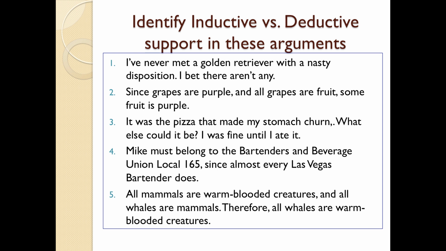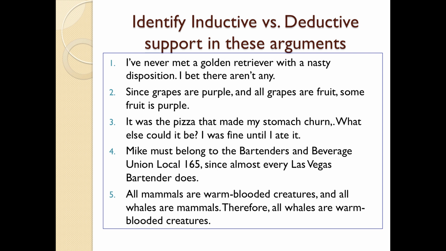Number 2: since grapes are purple and all grapes are fruit, some fruit is purple. Number 3: it was the pizza that made my stomach churn. What else could it be? I was fine until I ate it. Number 4: Mike must belong to the Bartenders and Beverage Union Local 165, since almost every Las Vegas bartender does. And finally, number 5: all mammals are warm-blooded creatures, and all whales are mammals. Therefore, all whales are warm-blooded creatures.